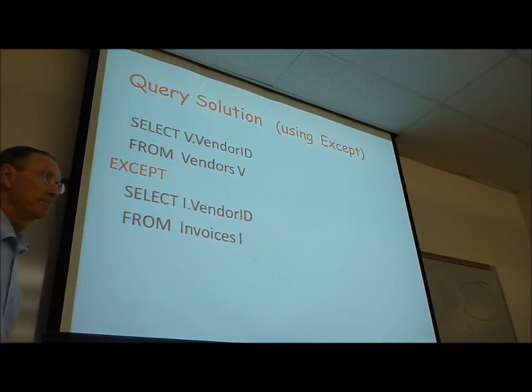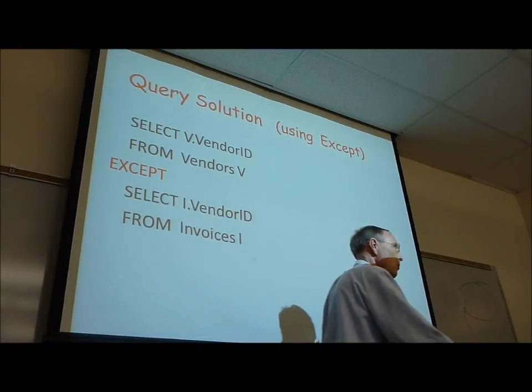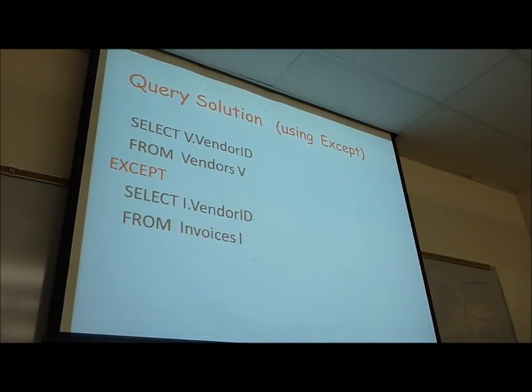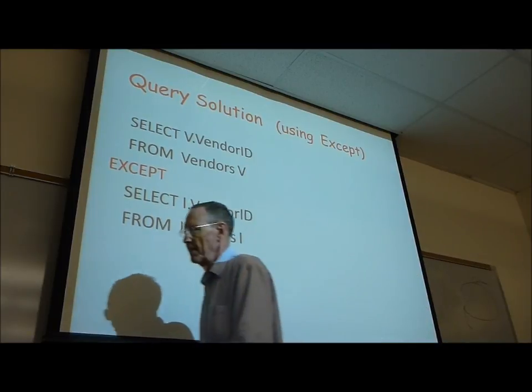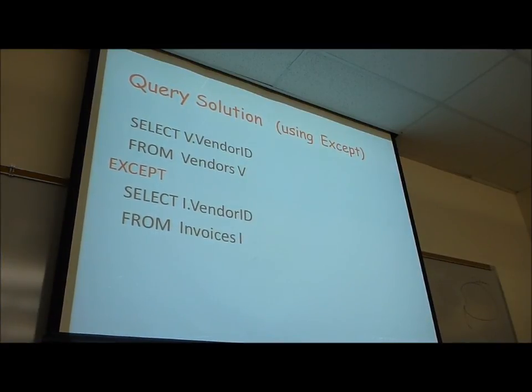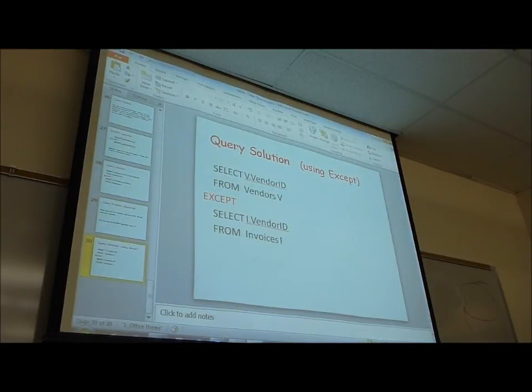Use the except as opposed to outer join. So that's always the best option. Okay, any questions? Okay. Everything clear? Sort of clear? Yes. Yes. Yes. Those are enthusiastic responses.